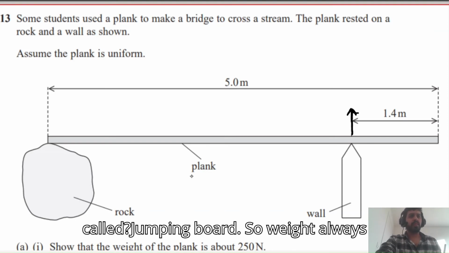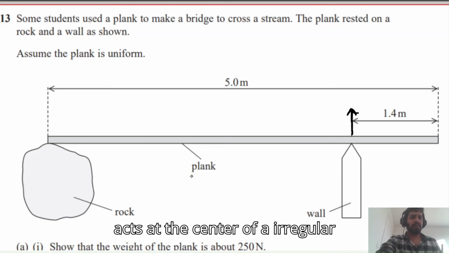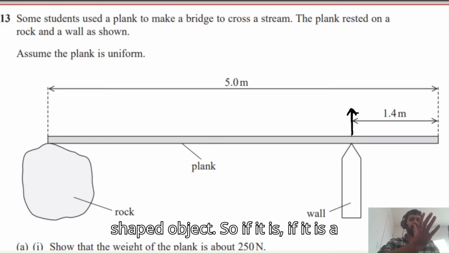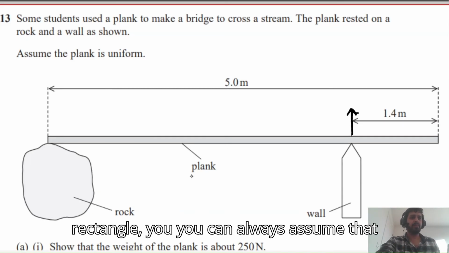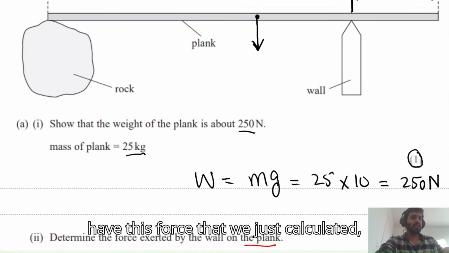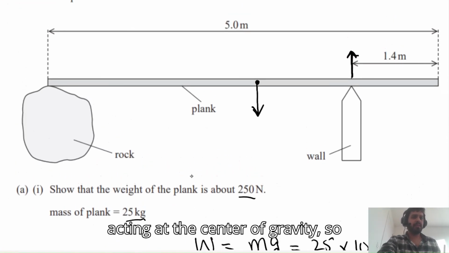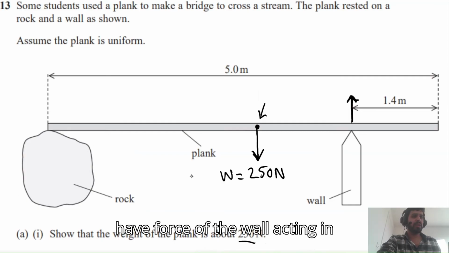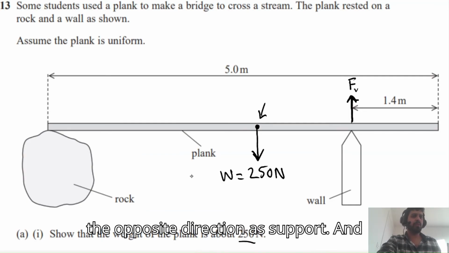Jumping board. So weight always acts at the center of a regular shaped object. So if it is a rectangle, you can always assume that weight is acting at the center. So we have this force that we just calculated, 250, acting at the center of gravity, and we have force of the wall acting in the opposite direction as support.